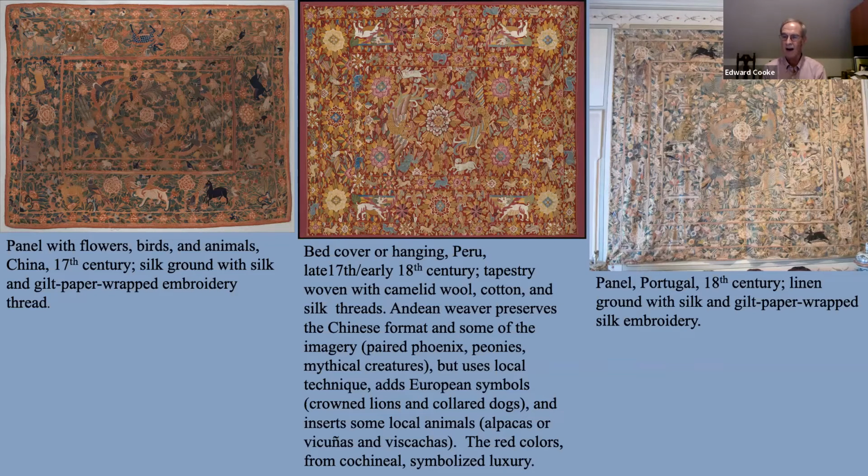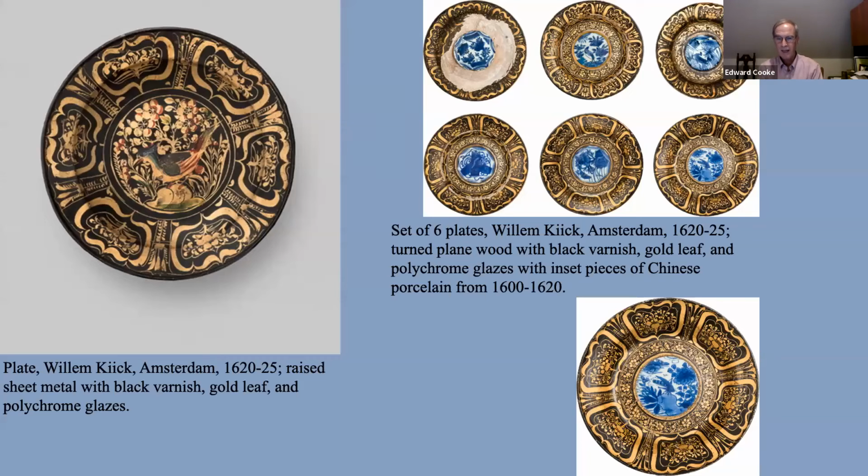And it's not copying so much as looking at it and responding to it on the needleworkers' or the weavers' own terms. We might think about the ways in which pieces of objects circulate.